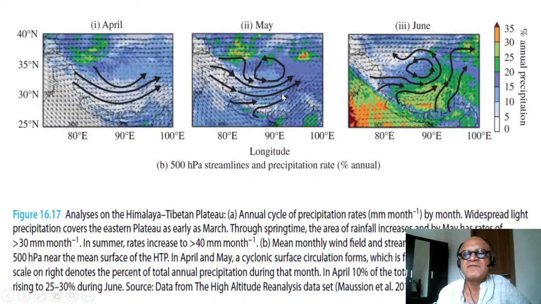So you can clearly see that by April you're already creating cyclonic circulation, in the northern hemisphere. By May there is a very nicely set up cyclonic circulation that's clearly seen in stream function as well as relative vorticity at 500 hectopascal, averaged over the surface of the Himalayan Tibetan plateau.